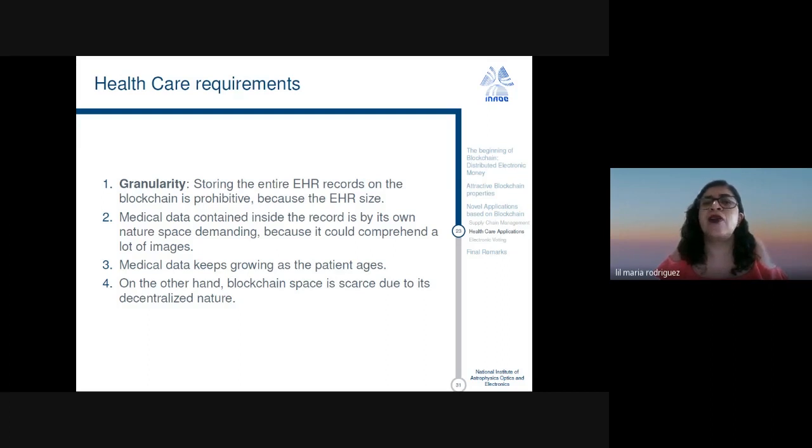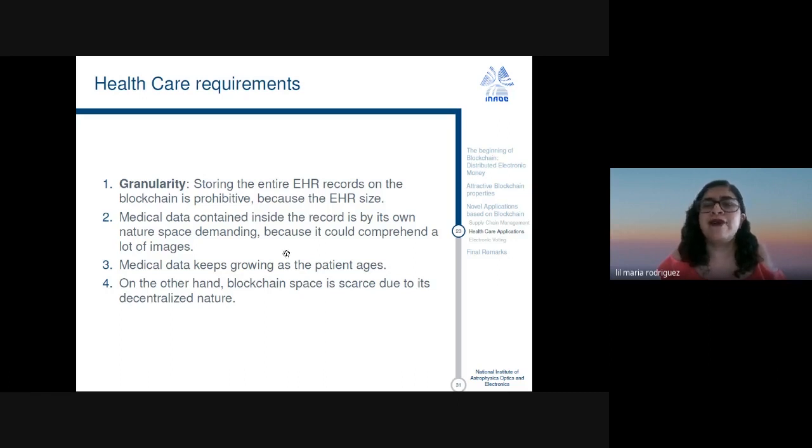Medical data contained in a record could include many images, and these images are space demanding.